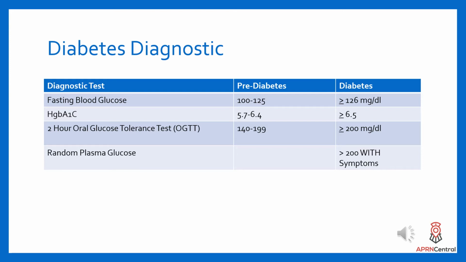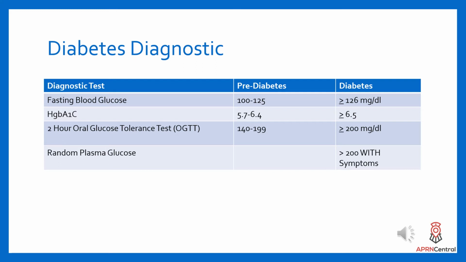They also do a 2-hour glucose tolerance test, 140 to 199 for prediabetes, greater than or equal to 200 for a diabetic. And then you have your random plasma glucose. This is greater than 200 with symptoms. Now, if it's greater than 200 and they're asymptomatic, you're going to want to get 2 abnormal tests from the same sample or 2 separate test samples.